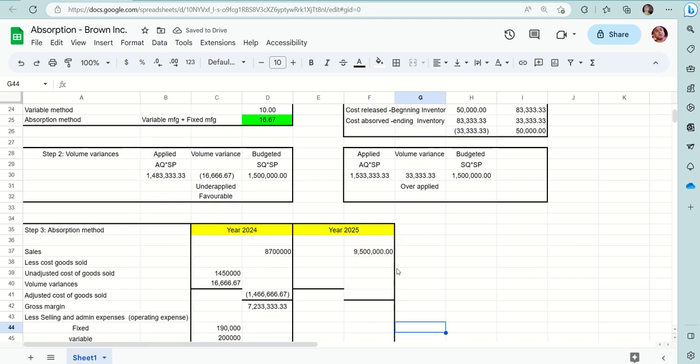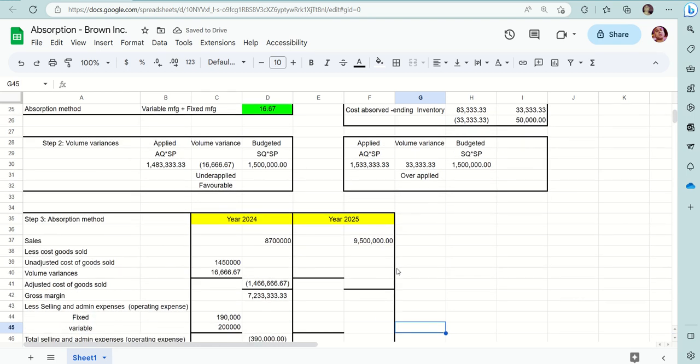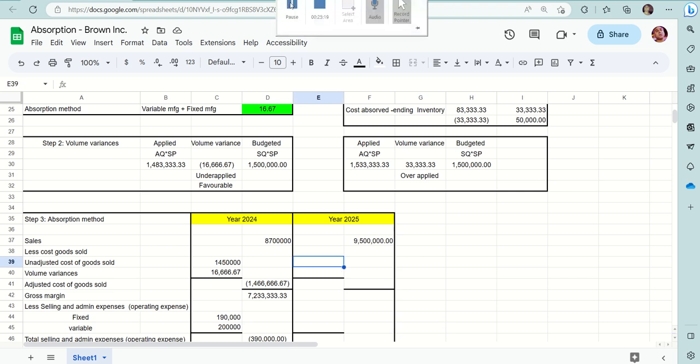So now we're going to find out our cost of goods sold. And how do you find out? Remember, the absorption method looks at the sales minus the cost of goods sold. That would give us the gross margin, minus the selling and admin expenses or operating costs. That would give us our income.